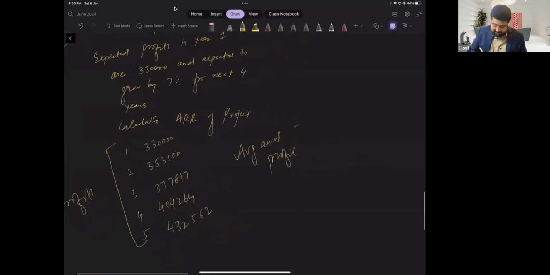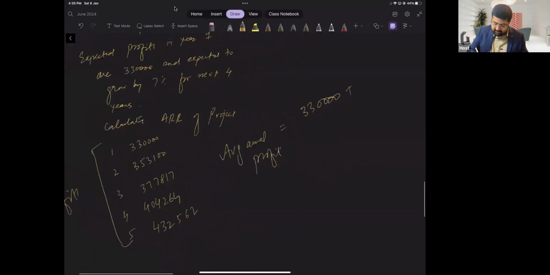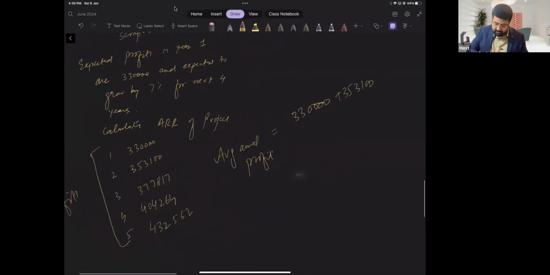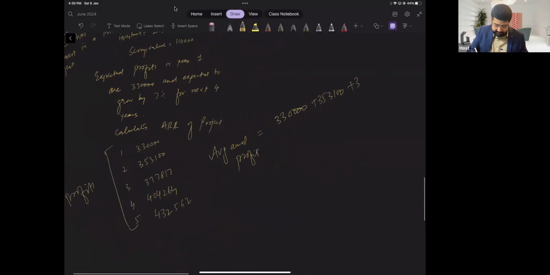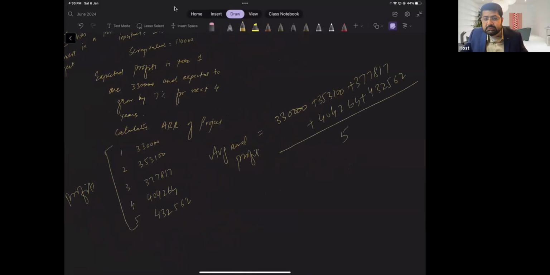So average annual profit. How to calculate? 330,000 plus 404,264 plus 432,562 divided by 5.